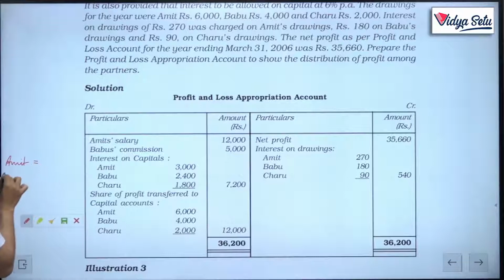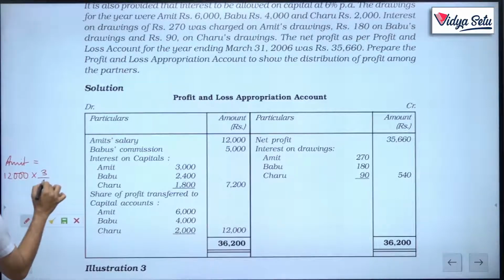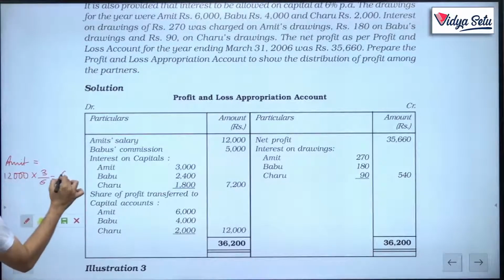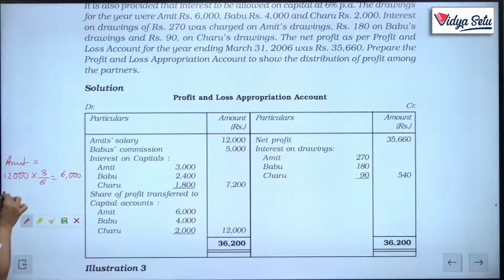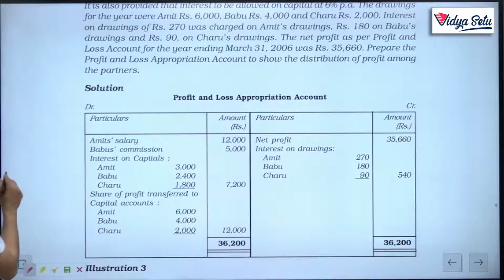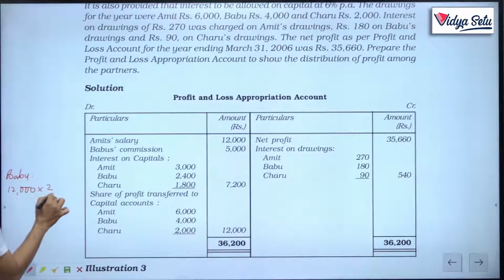For Amit, the total profit was 12,000 multiplied by his share, 3/6, that comes to 6,000. For Babu, in the same way, 12,000 multiplied by 2/6, that comes to 4,000.